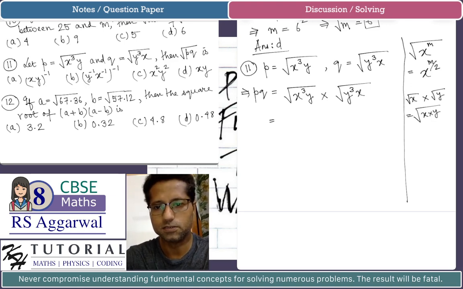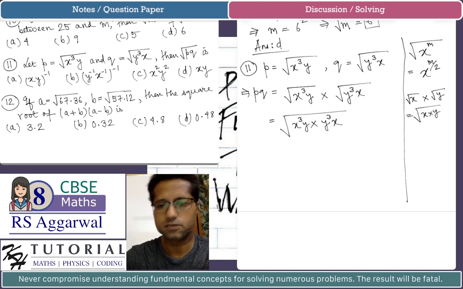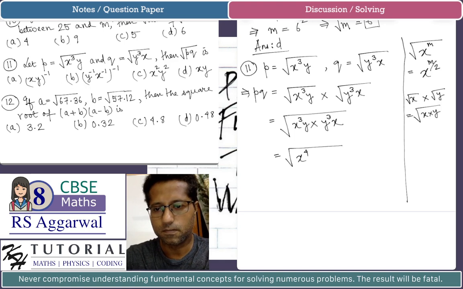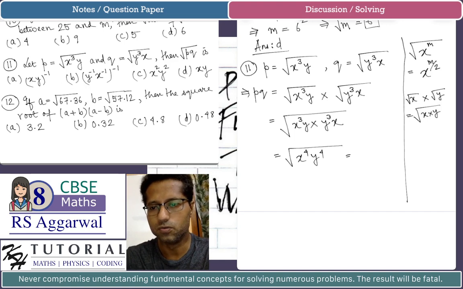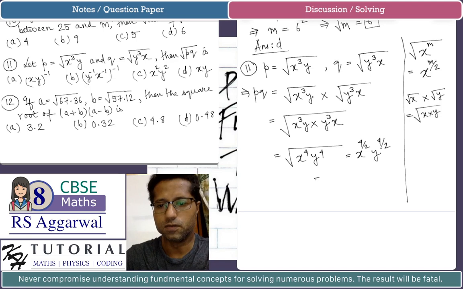So this is equal to the square root of x cube y multiplied by y cube x. If I merge all the powers of x and the powers of y, we get x to the power 4 multiplied by y to the power 4. This will be equal to x to the power 4 by 2 multiplied by y to the power 4 by 2, which is equal to x square and y square.